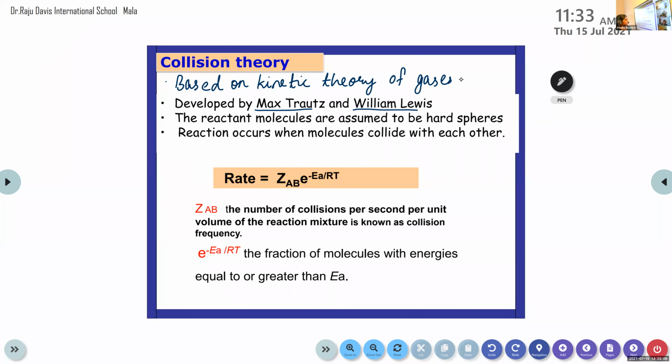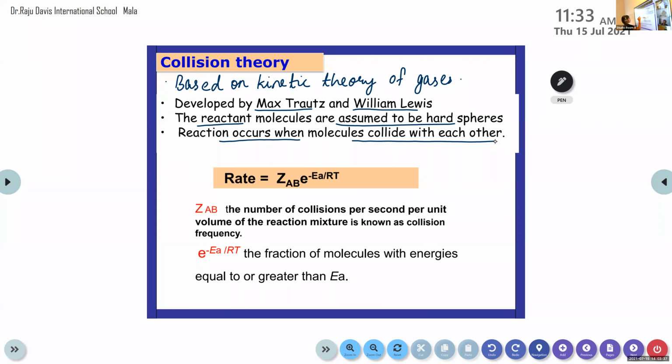It was developed by Max Trautz and William Lewis. It was based on the kinetic theory of gases. And according to this theory, the reactant molecules are assumed to be hard spheres, and the reaction occurs only when the molecules collide with each other.